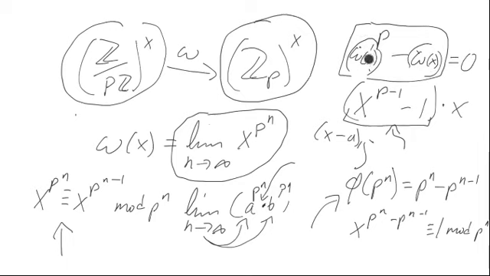So this Teichmuller character is a root of this polynomial. It's actually the lift that we want, and by uniqueness of lift, we get injectivity for omega. So we have an injective character with kernel just 1.